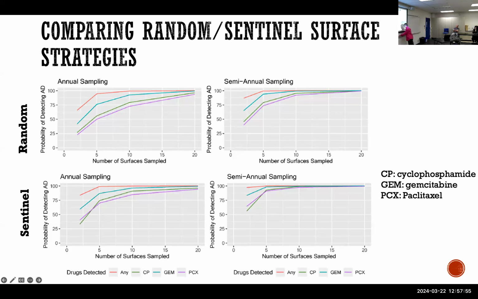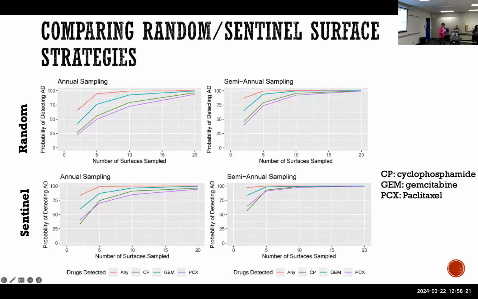So that is, if any one of those drugs was detected above the limit of detection, we consider it a positive sample. So you can see that we looked at annual and semi-annual sampling. And then we have both the random surface selection and the sentinel surface selection approach.